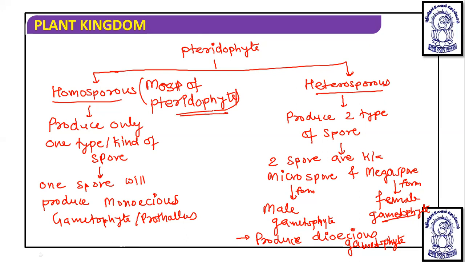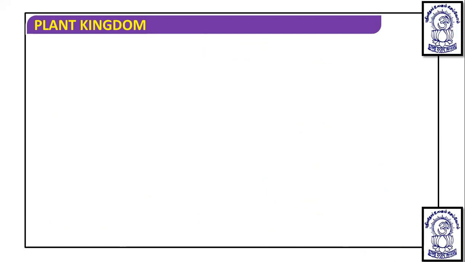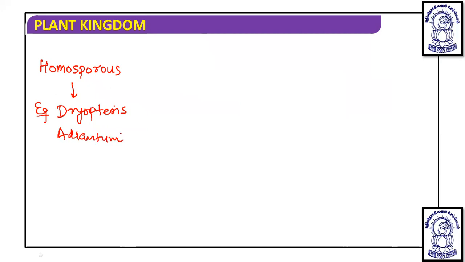Now we have to note down the examples of homosporous pteridophyte and heterosporous pteridophyte. If we talk about homosporous pteridophytes, the examples are the fern plants. In fern plants, Dryopteris and Adiantum are homosporous.